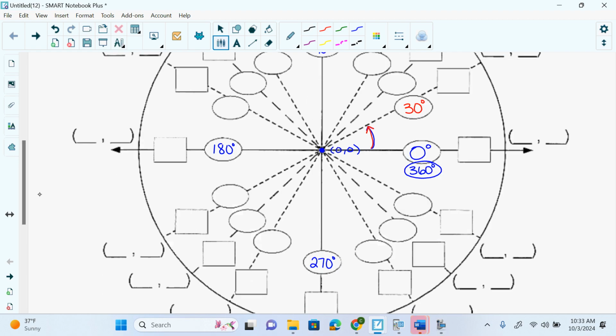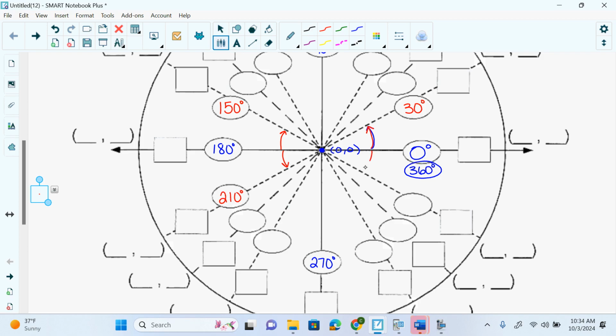So if this is 30 here, yes? Then this is also what? 30, correct? So we'd go 180 minus 30 and we would get 150. Then this is also what? 30, so we go 180 plus 30 and we get 210.